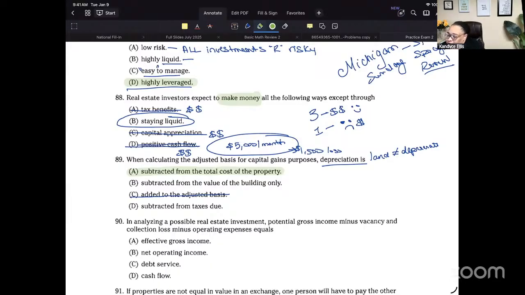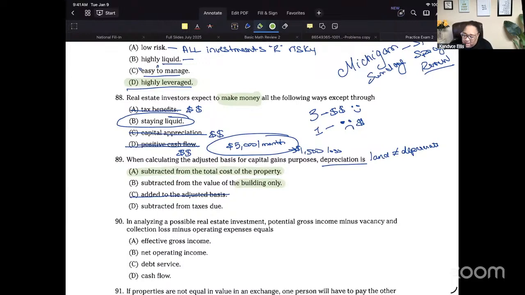Remember that depreciation is calculated only against the value of the building. Buildings depreciate, but land doesn't. So I feel like that answer contradicts what they're saying, right? Because their answer says you only deduct depreciation from the building only. But then it told us that the answer is subtract from the total cost of the property.